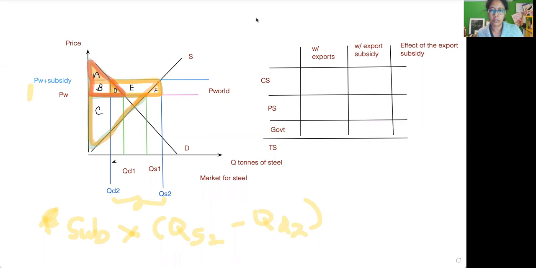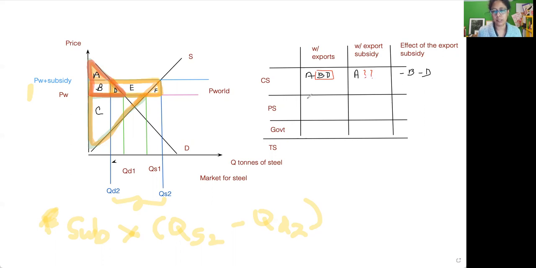So that's going to be A, B, D. The price goes up to PW plus the subsidy, then consumer surplus will just be A, and that's going to be a loss of B, D. And I note, how am I figuring out the loss? I'm looking at areas of wealth or welfare or surplus that the consumer had before. We notice that they had B and D and they've lost it. Any kind of loss in wealth or surplus is going to come in the effects column as B and D. You had it there, but it's not here.